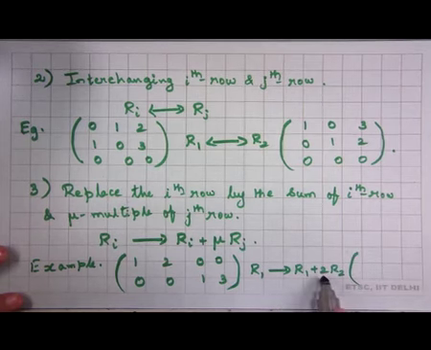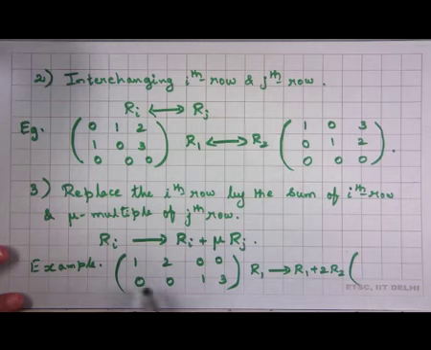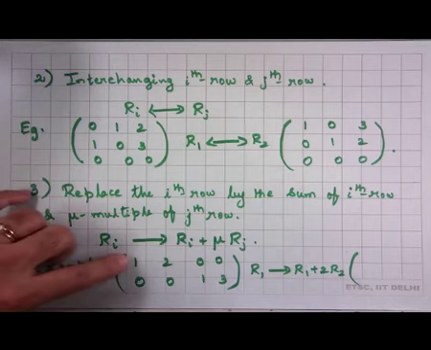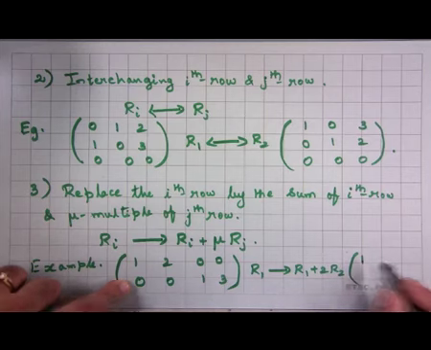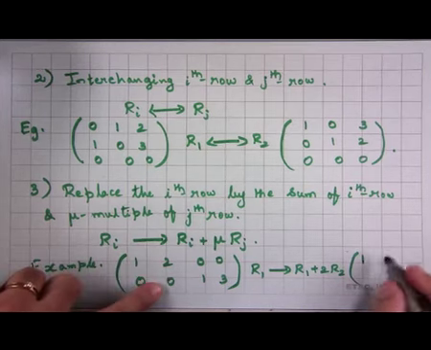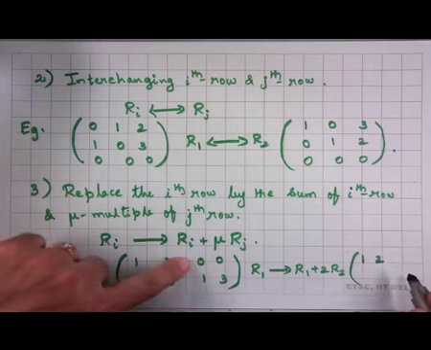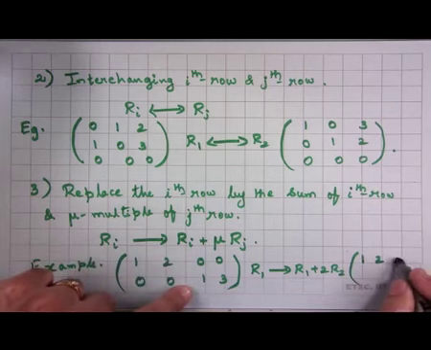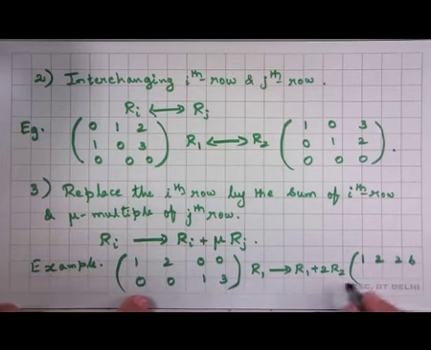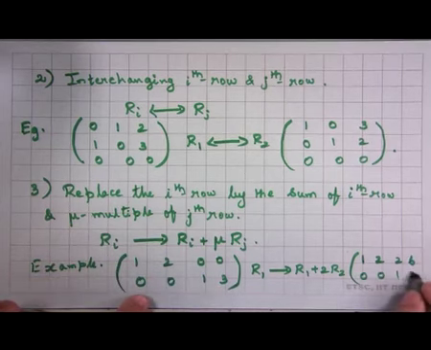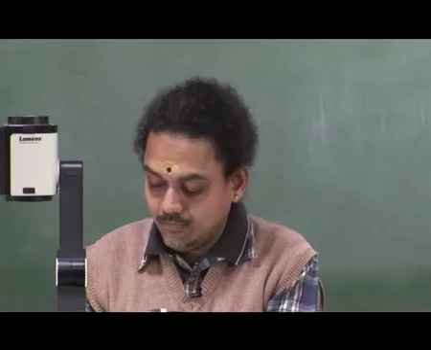We are just multiplying 2 times R2. So, first one is R1, which is 1, 1 plus 2 times 0 which is 1, 2 plus 2 times 0 you will end up with 2, 0 plus 2 times 1 you will end up with 2, 0 plus 2 times 3, so you will end up with 6. So, 0 0 1 3, this is the one that we have.